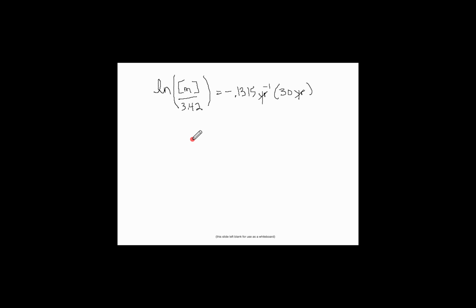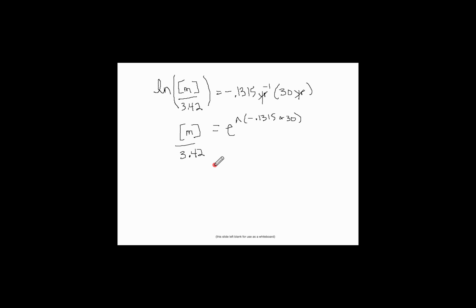The way it looks in my calculator is I'm going to have e raised to negative 0.1315 times 30, and that's going to leave me with my mass at some time divided by the 3.42.